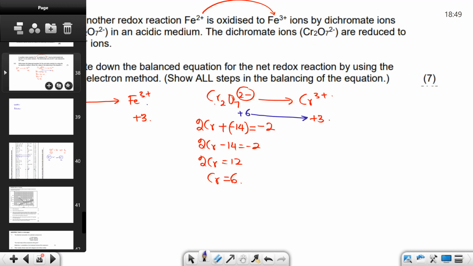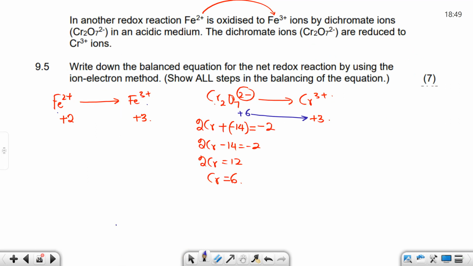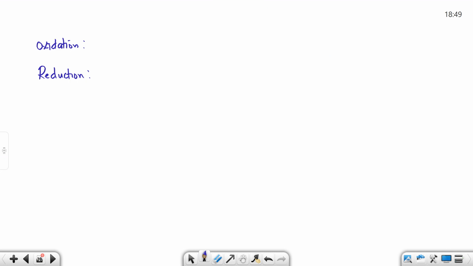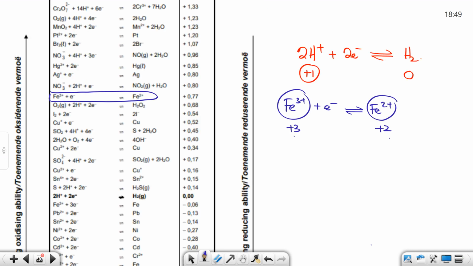What do we have here? Positive 2 to positive 3. So I've got to go back and write it nicely. It's oxidized. So oxidation, what would it be? Start from the positive 2+, changing sides, Fe3+. Please, I hope it makes sense, because it must go in order.